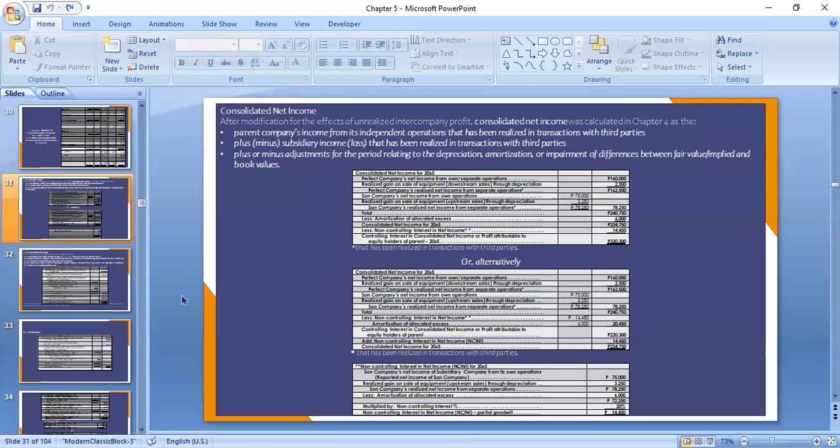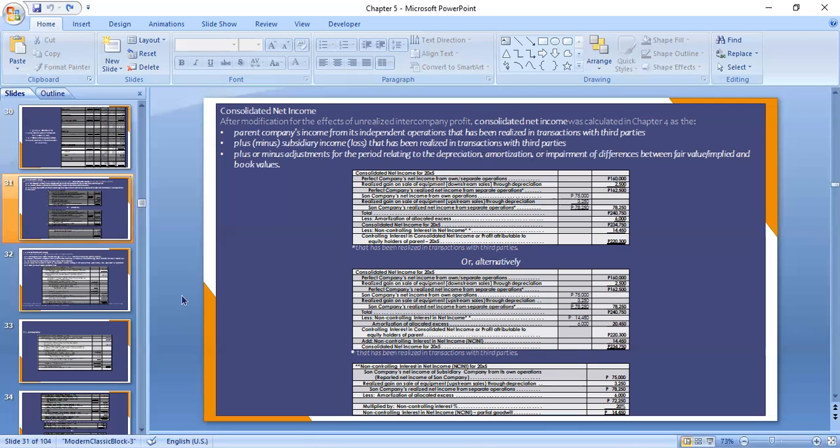So we now compute the separate net income of the subsidiary from its own operations. Then we add both the parent's and the subsidiary's net income. We get the total and deduct the amortization of allocated excess, considering that we have under or over valuation.